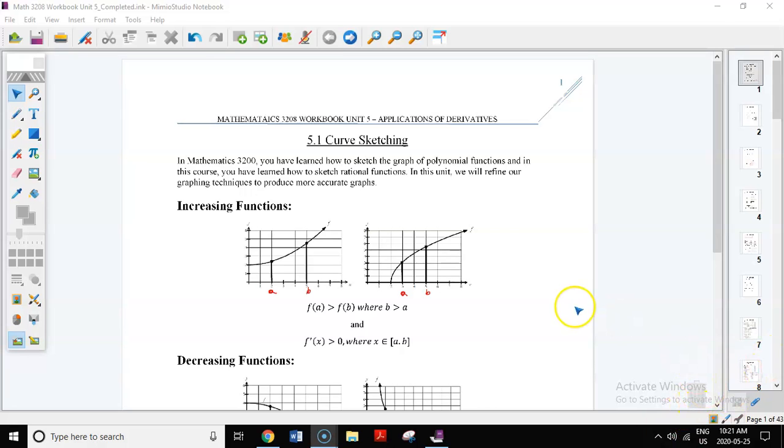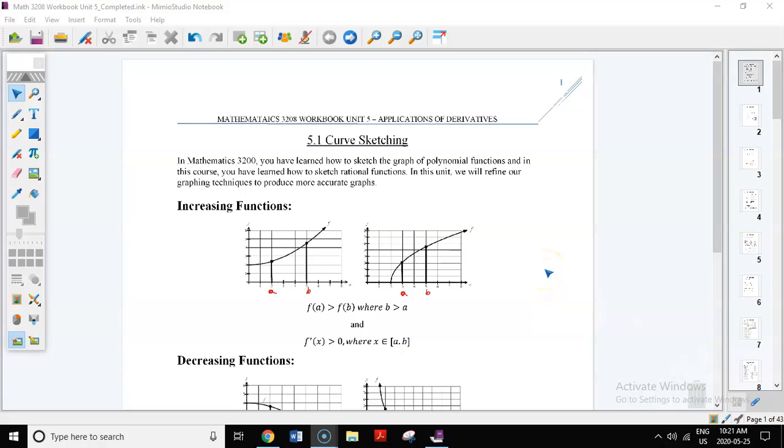So curve sketching we've done in the past. We did it in level 1 with lines, in level 2 with quadratics, and then we completed it in pre-calculus with rationals and radicals, and now we're doing it in calculus with all of that.